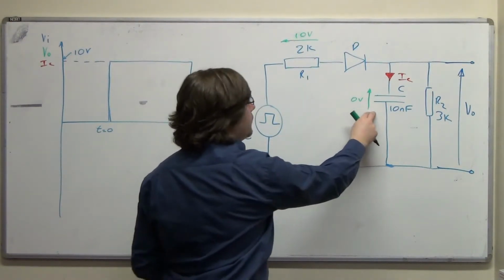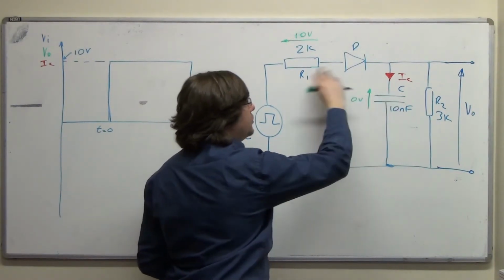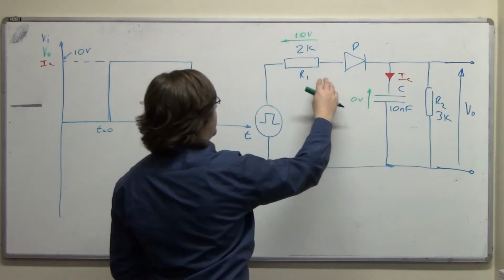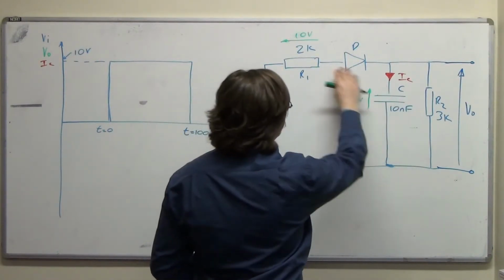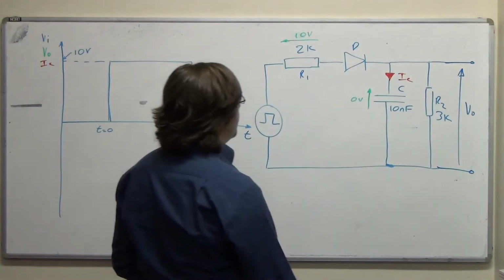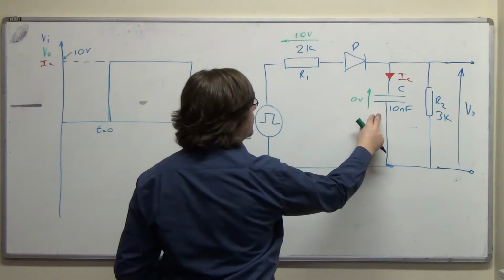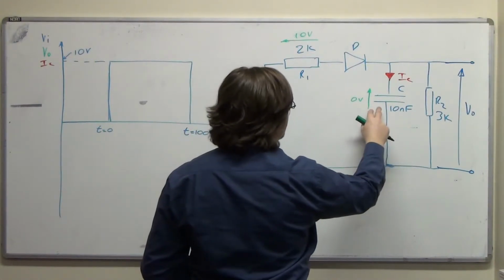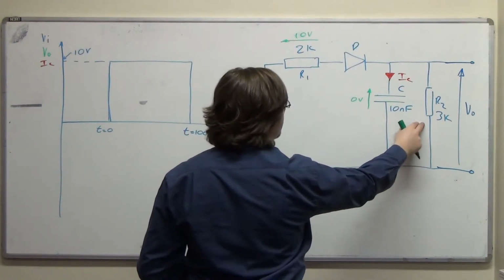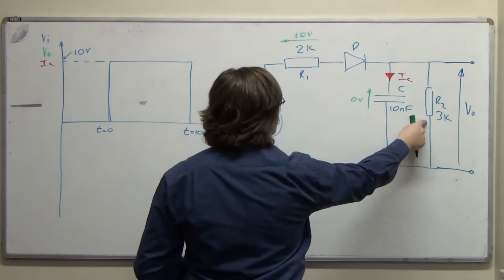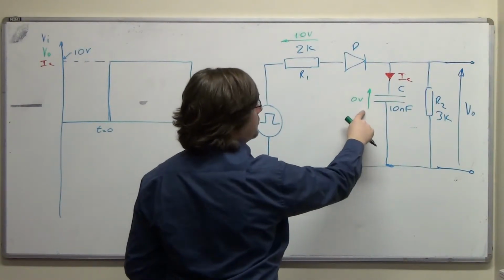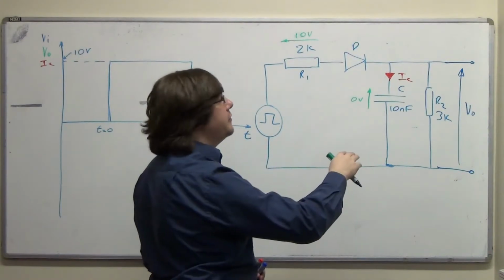Because this voltage cannot change instantly. If it was just a potential divider, you'd get 10 shared in the ratio of 3 to 2. But because this capacitor needs to charge up, and the capacitor and resistor are in parallel with each other, this cannot get a share of this voltage unless the capacitor is charged up to whatever that share is.